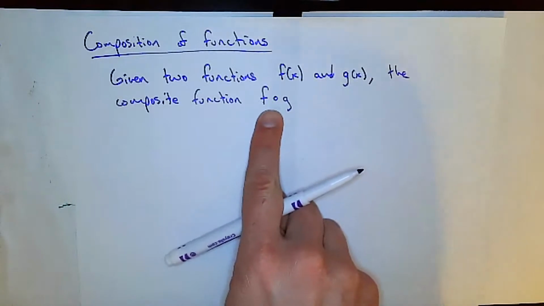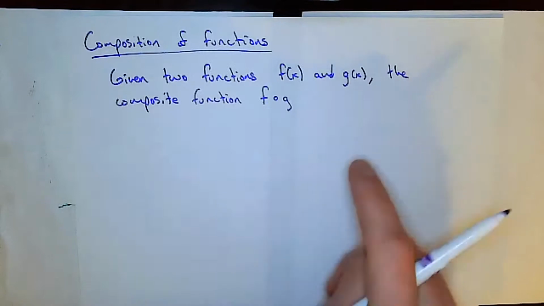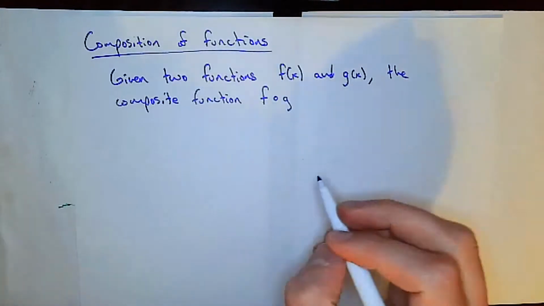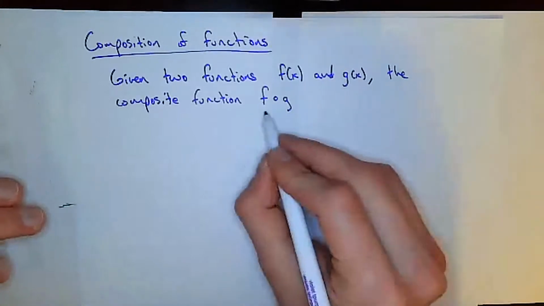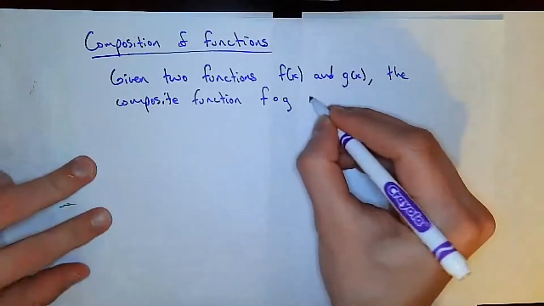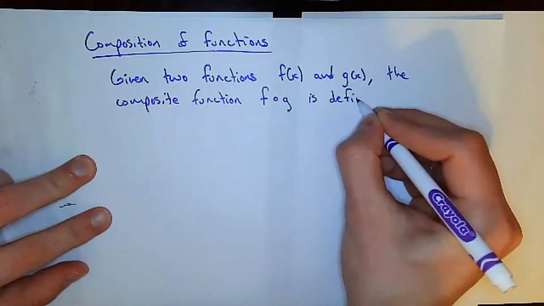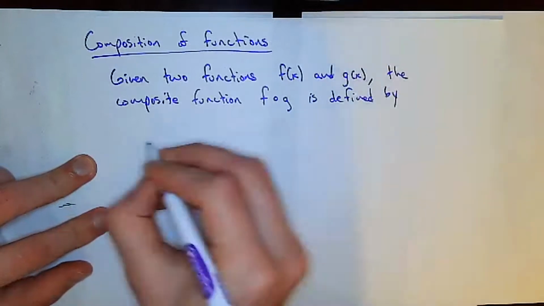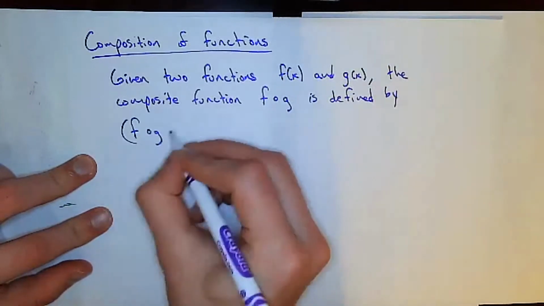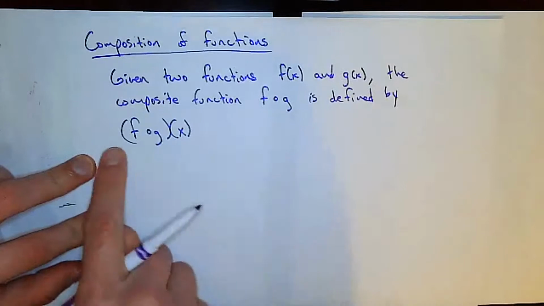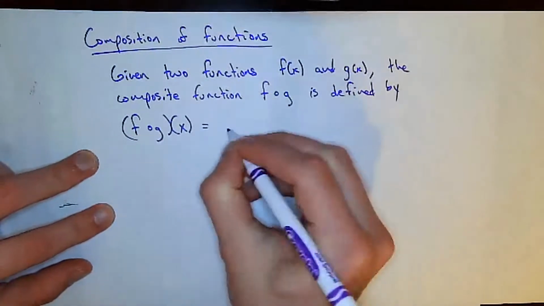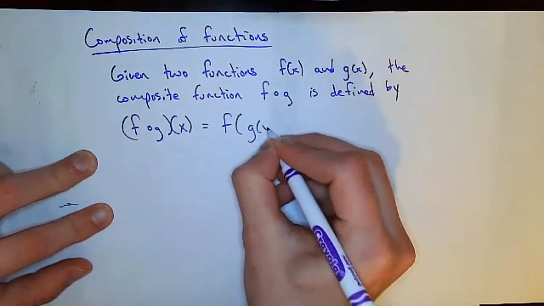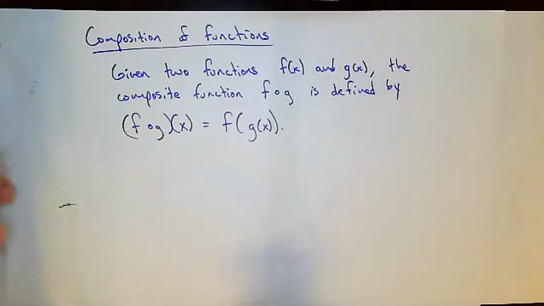It's like a multiplication symbol, but not a closed dot, it's open. The composite function, or the composition of f and g, is defined by, so how do we define this? F circle g at x, here's how I would read this: f composed with g at x is equal to f of g of x. Literally plugging the function into the other function.